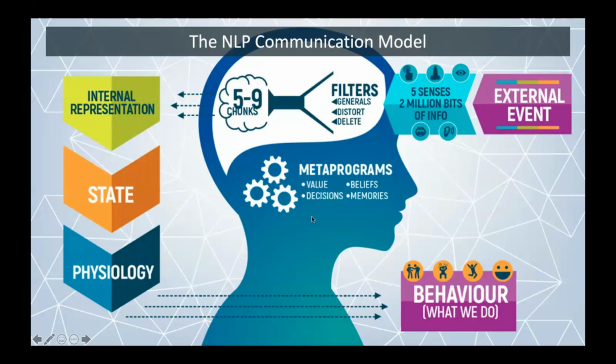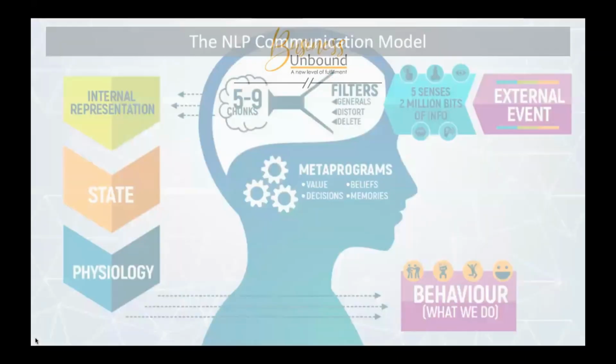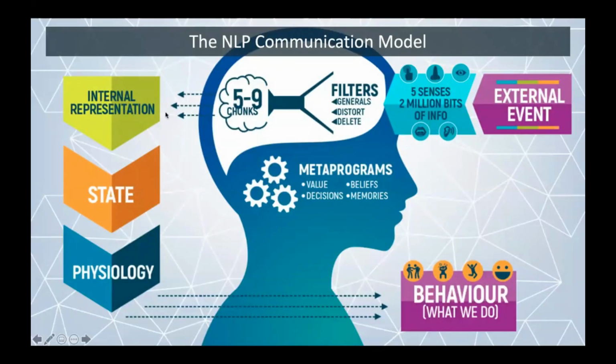It's coming in, we're filtering it. It's like filtering water. There's the water with all its impurities, but our internal representation is not necessarily somehow pure. It's a purer version for us, and it resonates with us according to what we believe. So we create an internal representation.